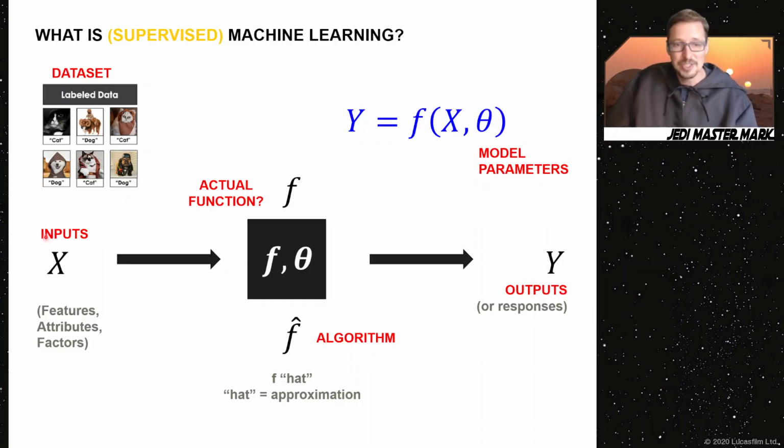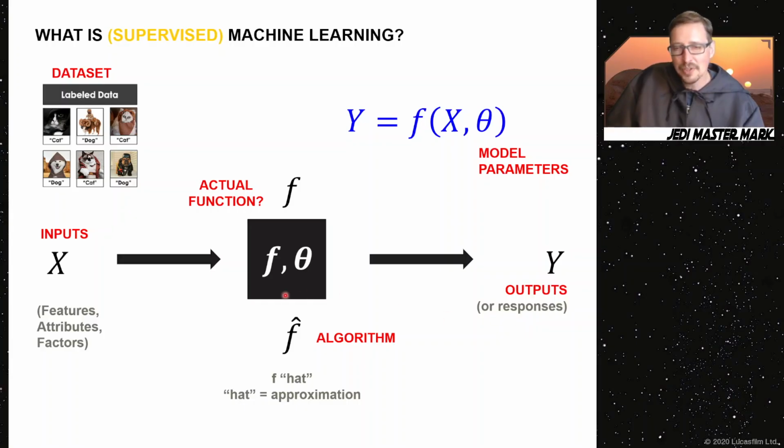In the case of images, X is going to be the image itself, which has multiple pixels with values in it. This is going to get fed into an algorithm along with outputs. Your outputs I'll describe as Y, or you could think of these as responses as well.